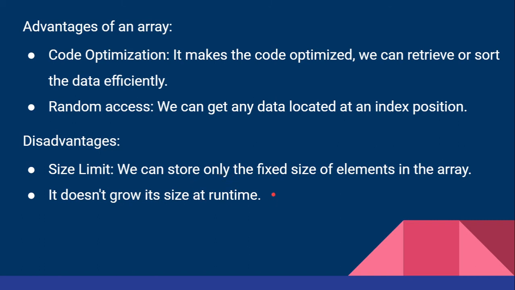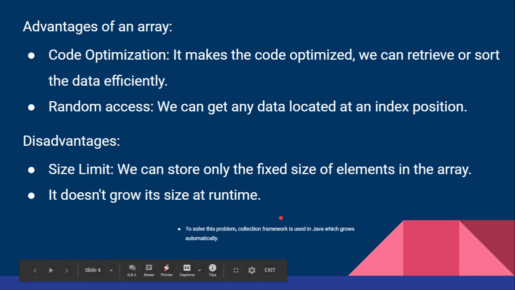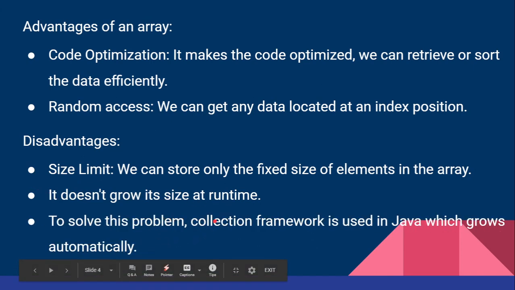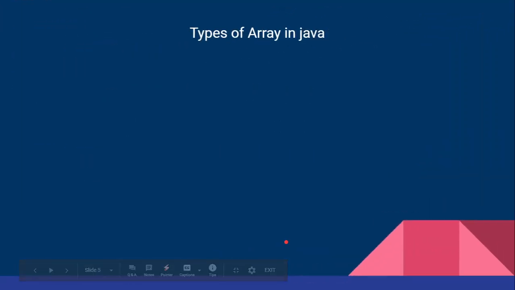Only the 10 fixed elements can be stored, and the additional elements which arrive during the runtime cannot be held in the array. That is the disadvantage explained as it does not grow its size at runtime. And now to solve this problem, the collection framework is used in Java, which grows the array automatically, so that it helps to hold the additional data using the framework concept.